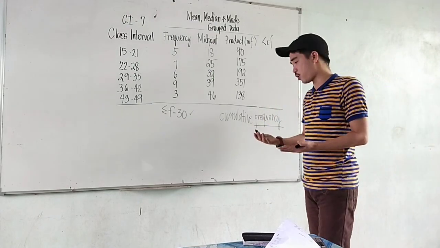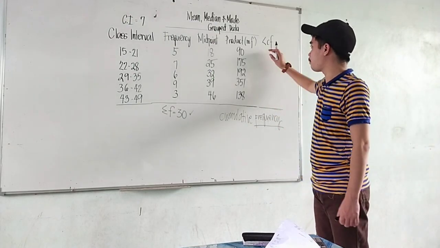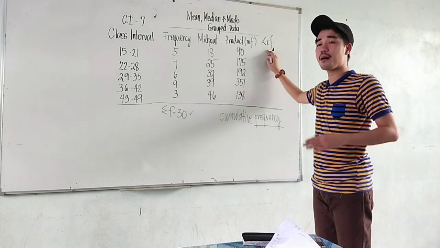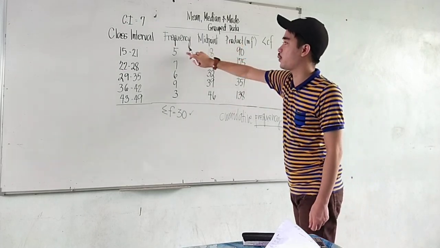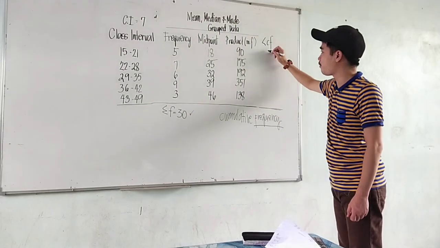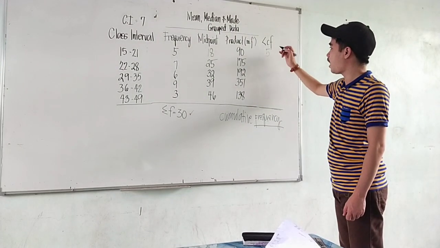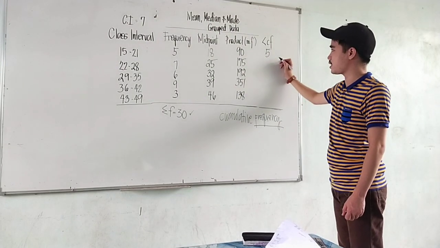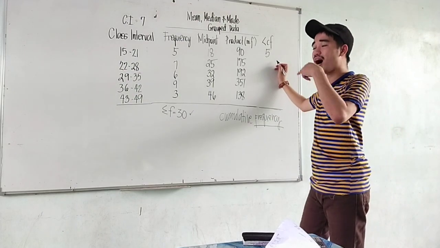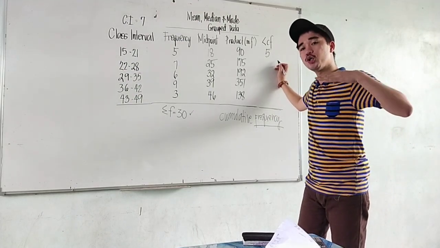Okay? Let's start. Our first step is to copy the first row's frequency. So we have 5. After we get the first frequency, the next step is to add the next one, from the word cumulative.